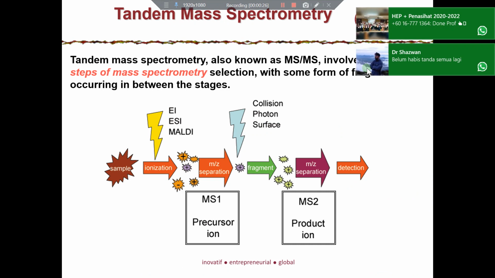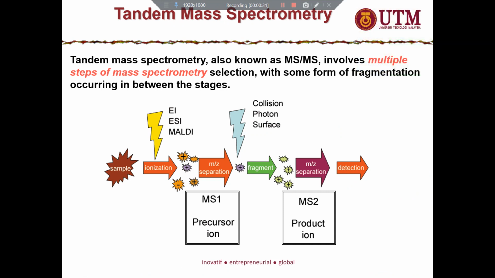So what happens is you perform the first ionization step, and then you perform another process, a second ionization step. In the first ionization step, you separate your molecules and get the mass to charge ratio that you want, to determine the precursor ion, also called the parent ion.